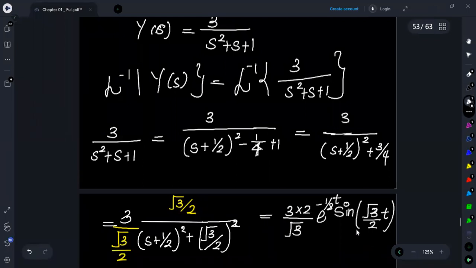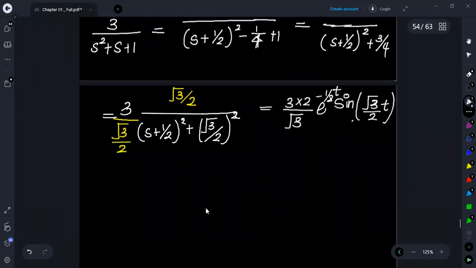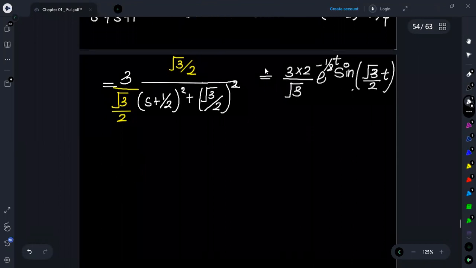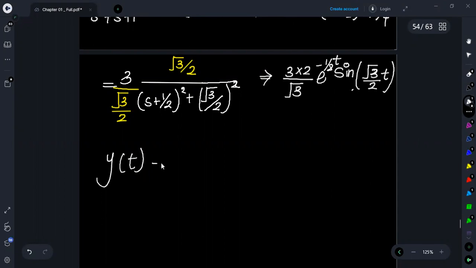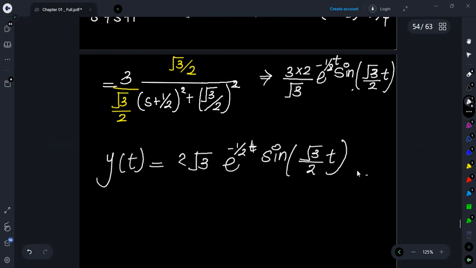So we obtain our final answer: y of t equals 2 root 3 e to the power minus half t times sine of square root of 3 over 2 t. This is the final answer for the differential equation.